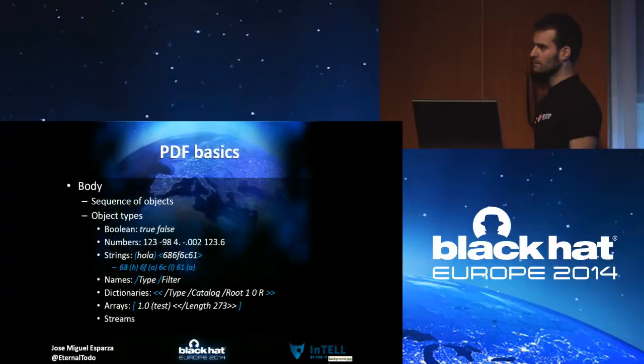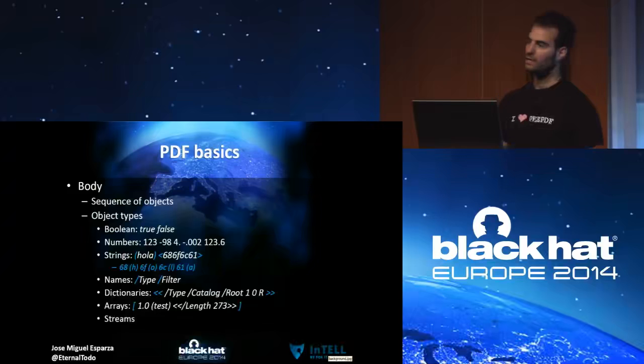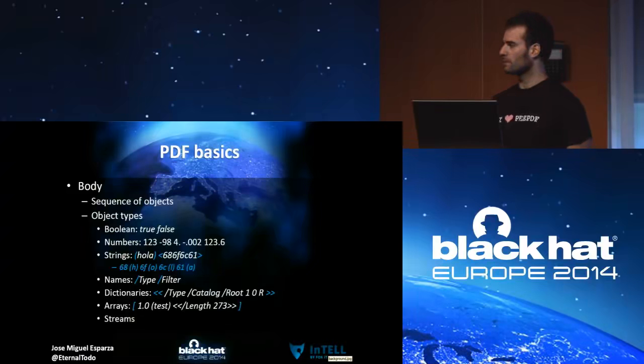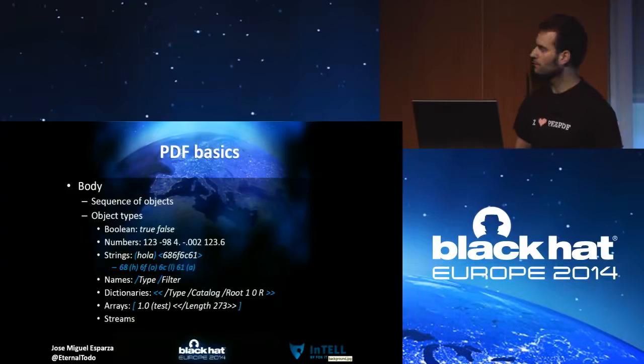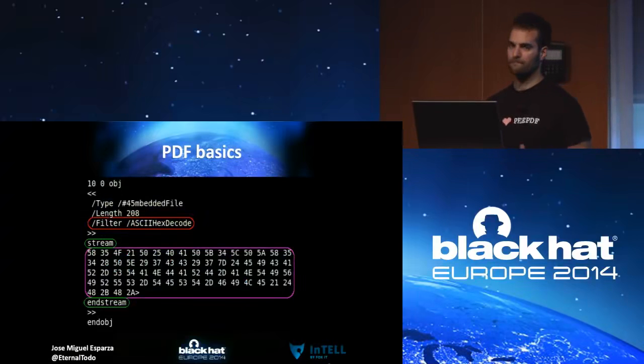These objects, this sequence of objects, can be a number, an array, or a dictionary, but they can also be a special object for PDF files that is called a stream. The streams contain a dictionary and also some kind of content between the tags stream and endstream.